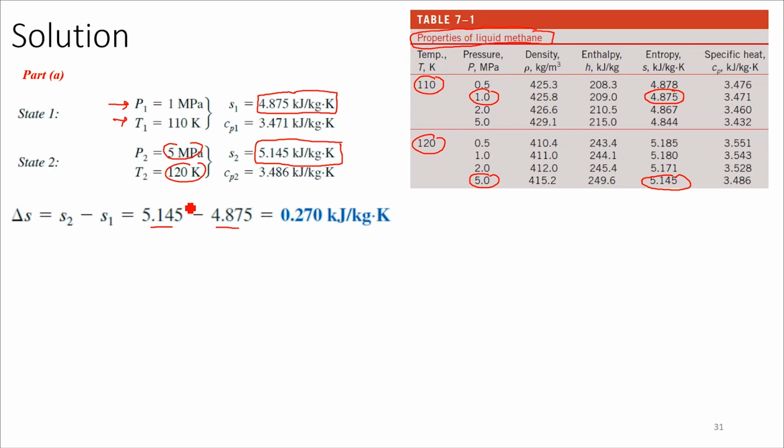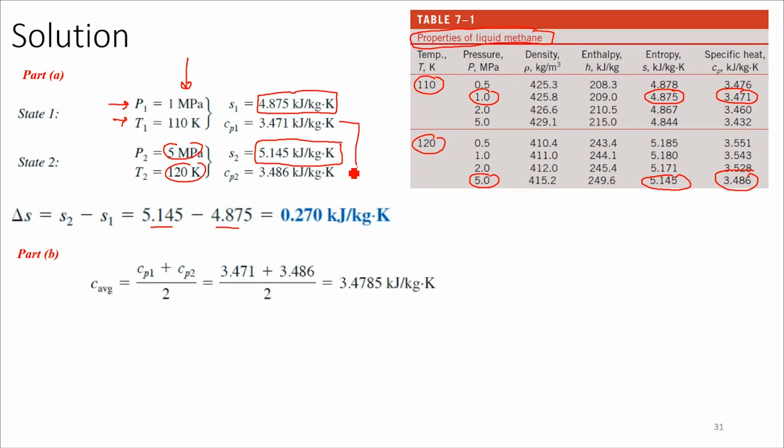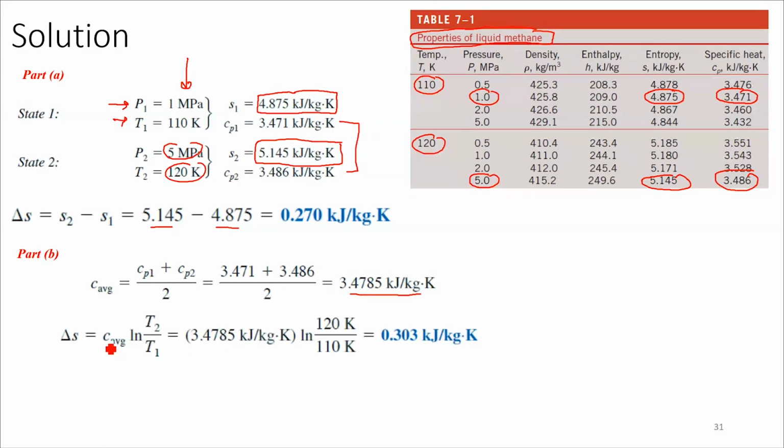Now, if you have to use the average values, you will find the Cp value for the first condition, and for the second condition you will find the Cp value. These two values are given to you, and this is the average of the two values. And you will use the expression which says change in entropy is C average ln T2 over T1, which is the expression that we derived in the last slide, 120 Kelvin over 110 Kelvin.